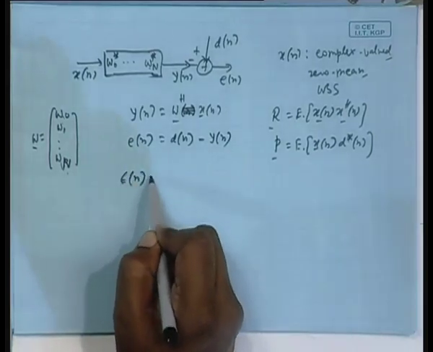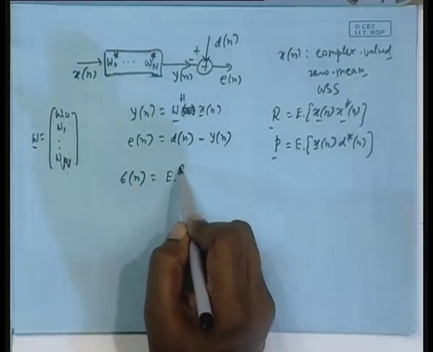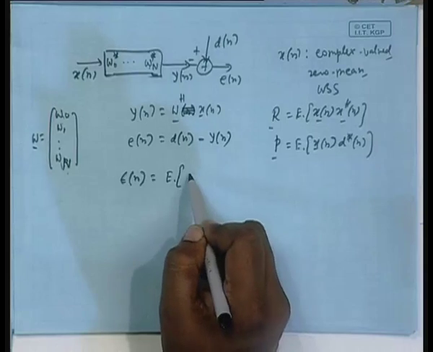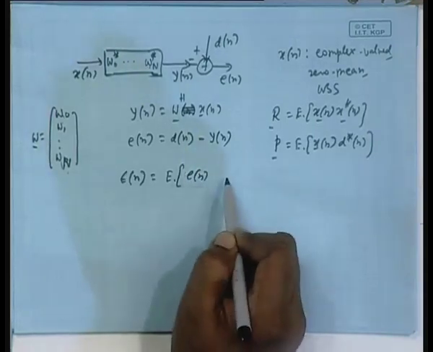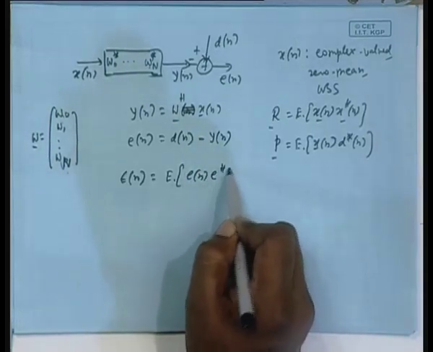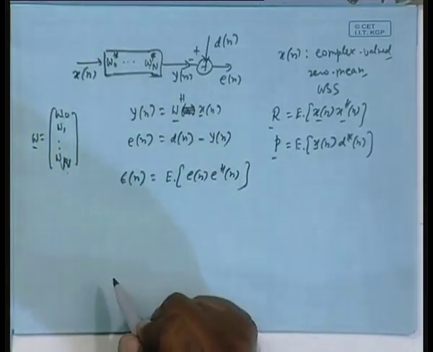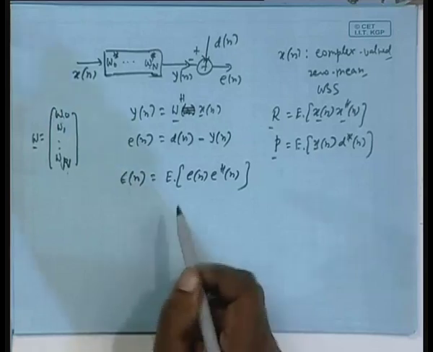Epsilon n, this time not E square, this time it will be mod En square, out of complex, and mod En square means En EHn. Okay.